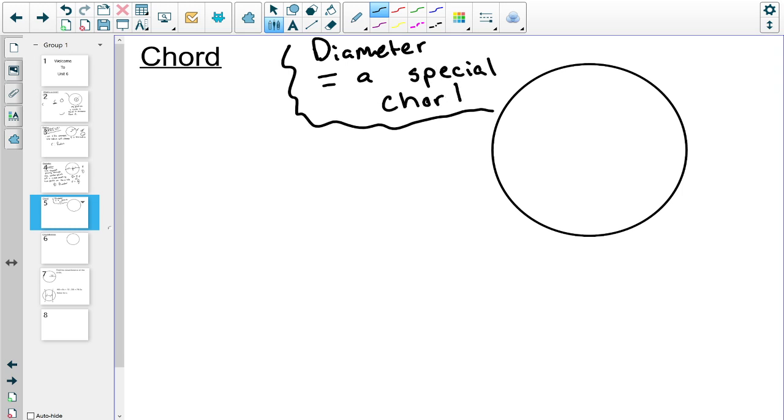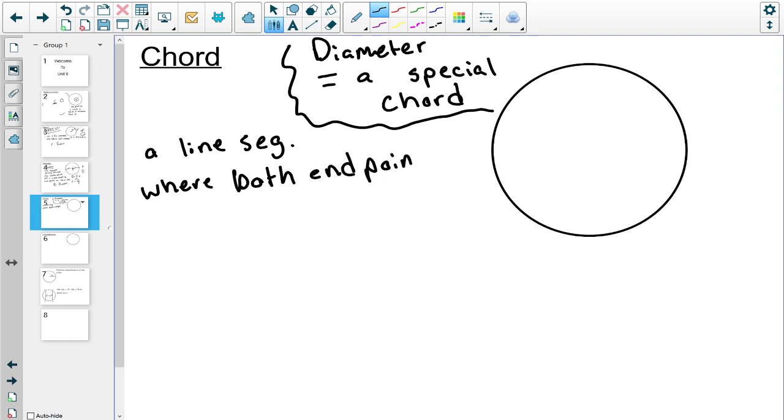So the diameter is a special chord, but a chord is just a line segment, we'll abbreviate segment here, where both endpoints are on the circle.